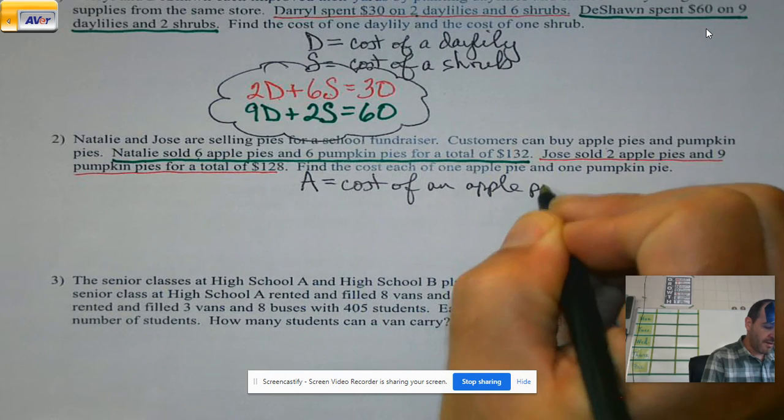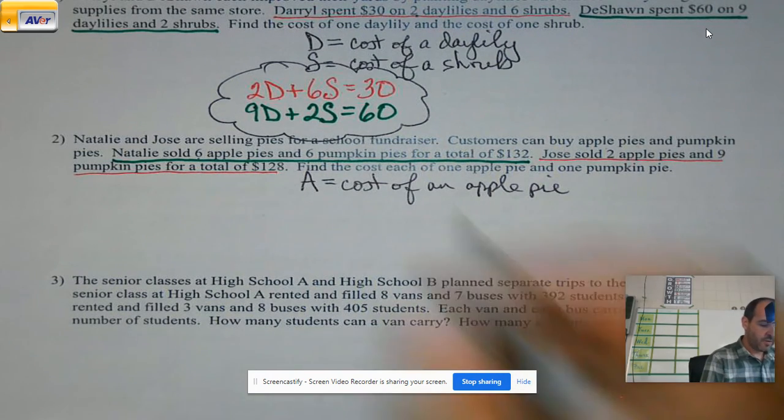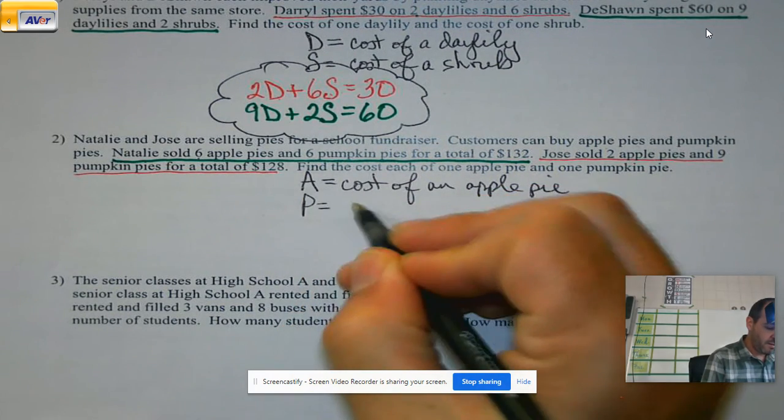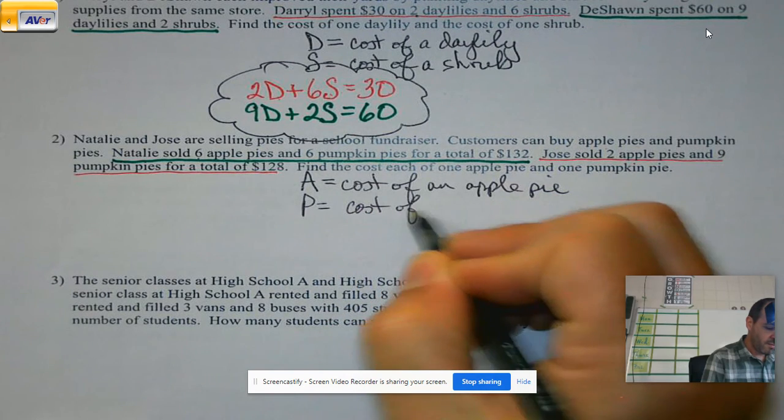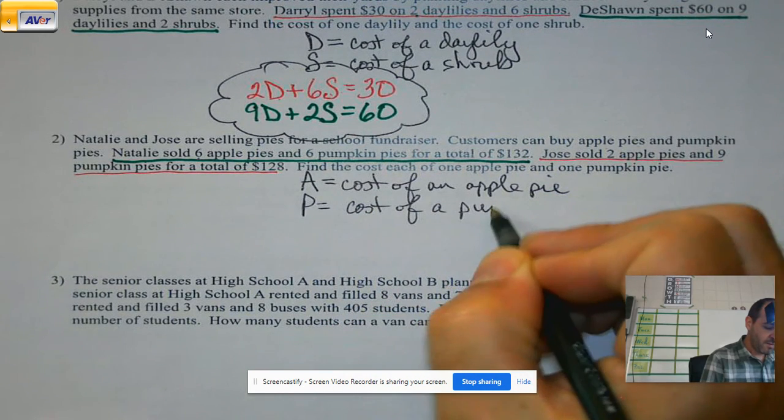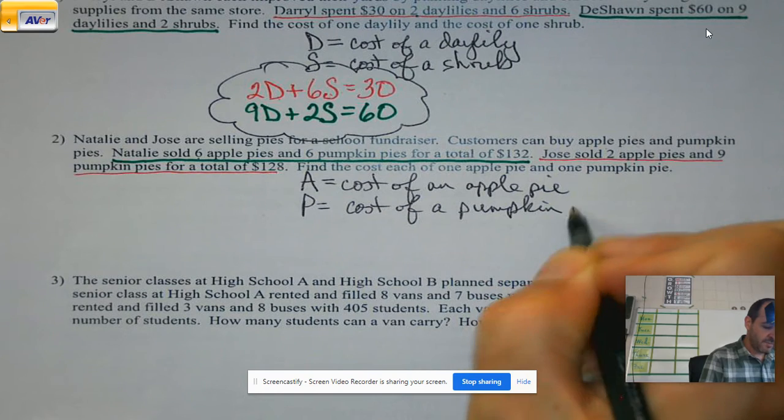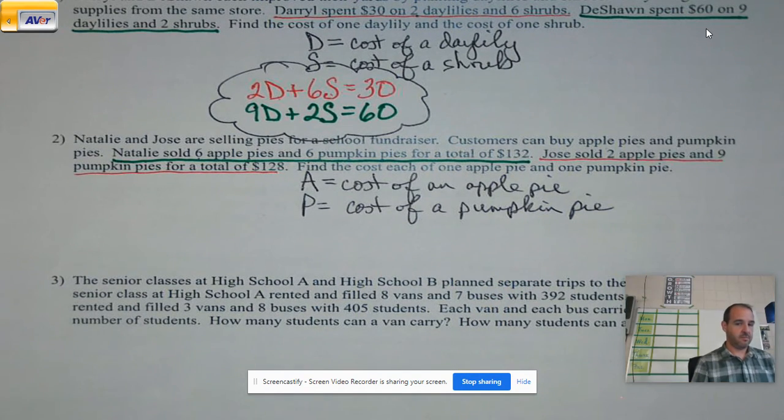So I go ahead and I get this in here. Okay, pumpkin, as specific as we can get. And then it just comes down to making sure everything gets the right labels.